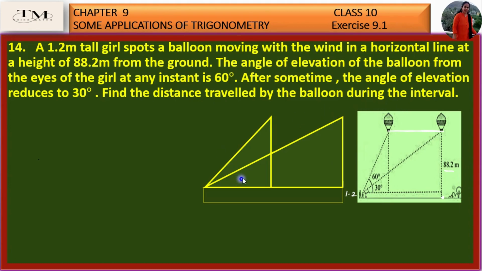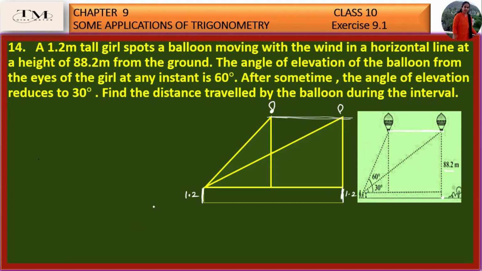So let us take that in the diagram. The balloons are here. It is traveling in a horizontal line. The girl is standing here. Her height is 1.2 meter. So we have drawn another line parallel to this.